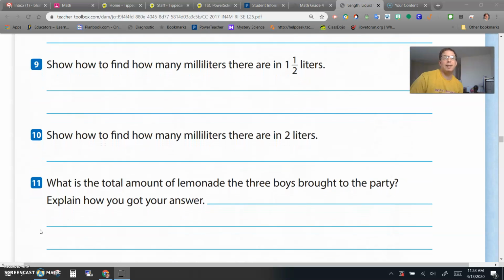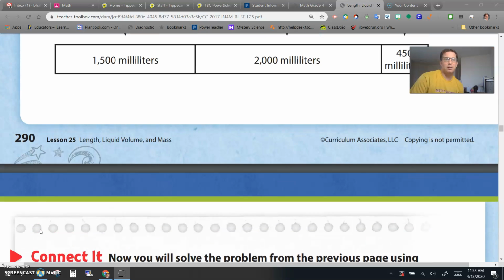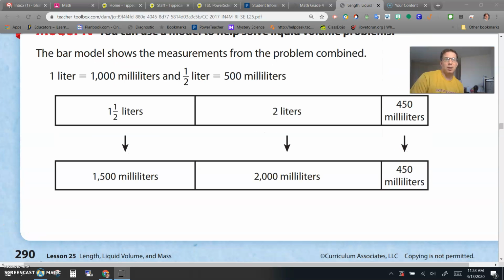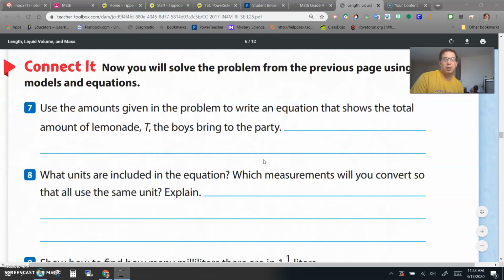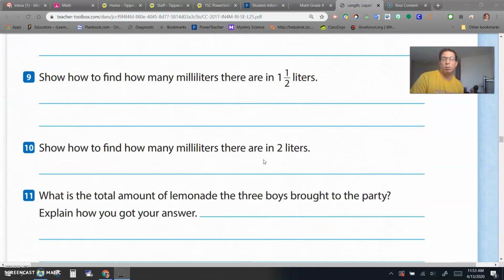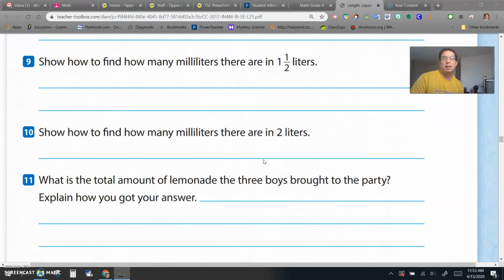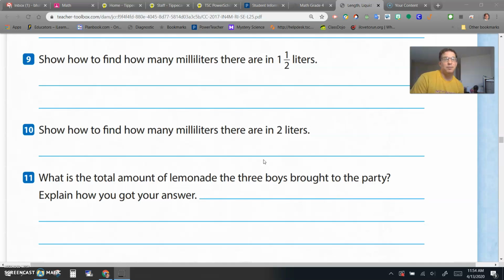So number 9, find out how many milliliters are in 1.5 liters. They did that for us on the previous page. If you look back, I'll scroll up. 1.5 liters, we have 1,000 milliliters in 1, and a half is 500. So you take 1,000 plus 500 to get 1,500 milliliters in 1.5 liters.